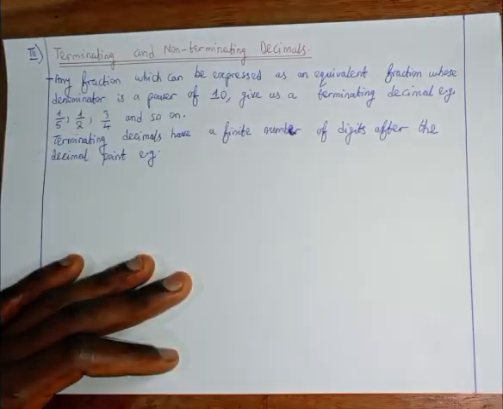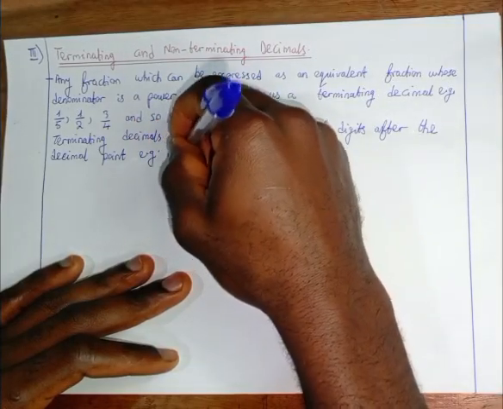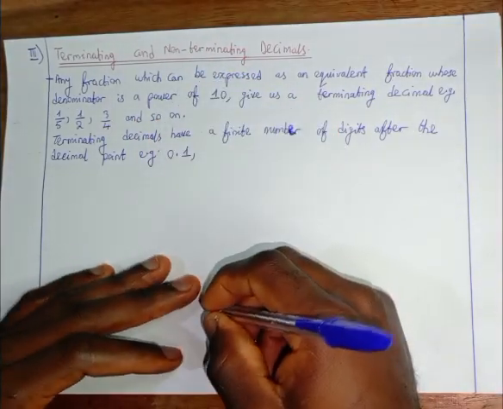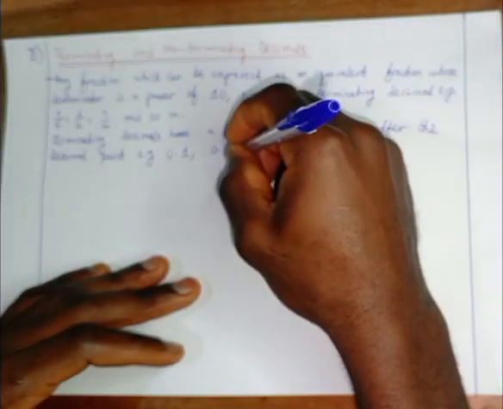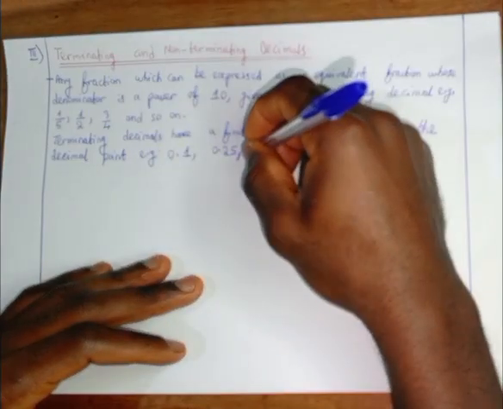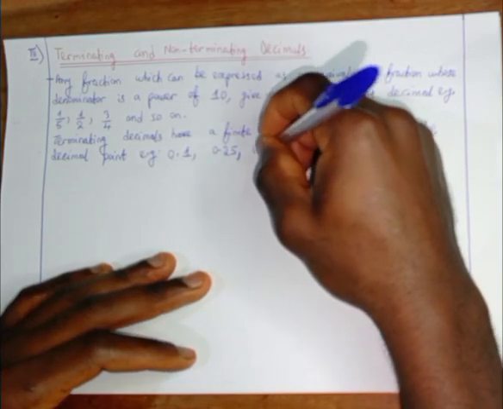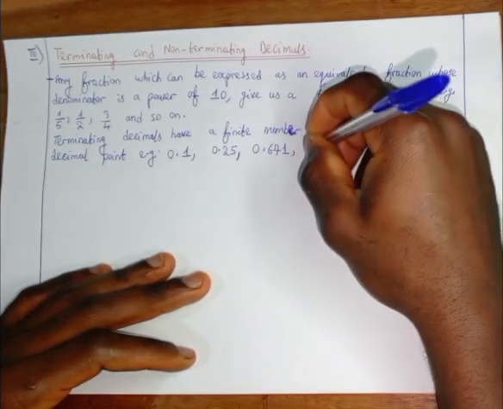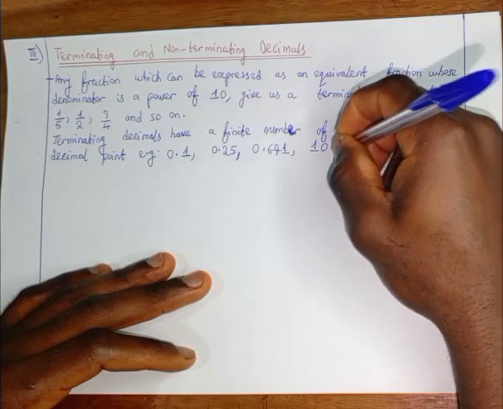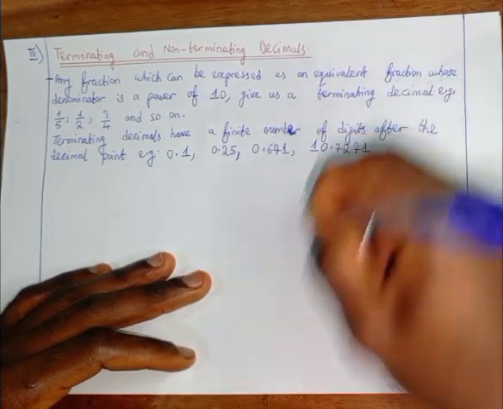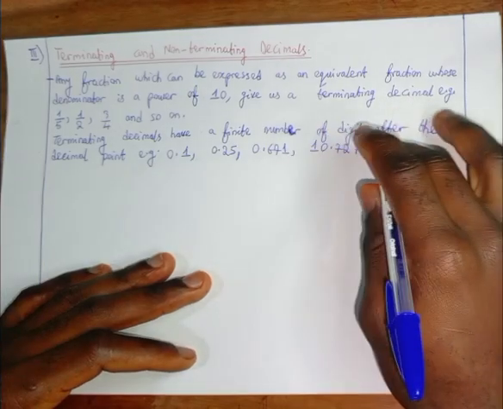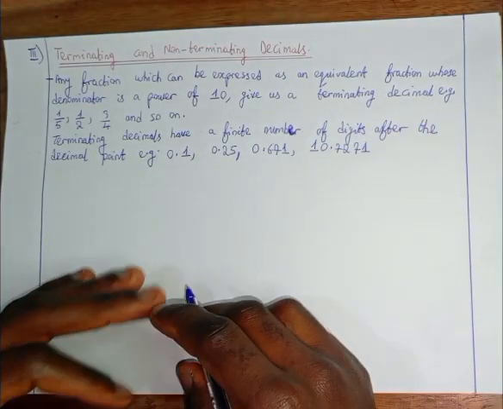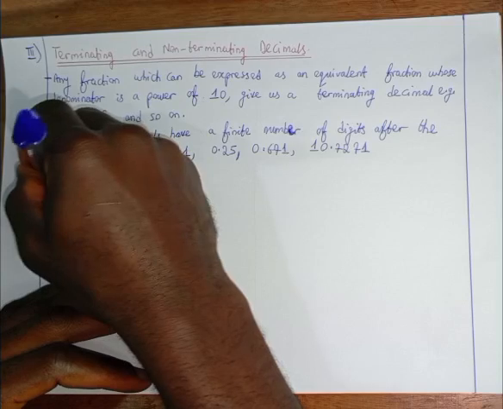E.g., these are examples of terminating decimals. 0.1 is a terminating decimal. 0.25 is a terminating decimal. 0.671 is a terminating decimal. 10.7271 is a terminating decimal. It has a finite number of digits after the decimal point. Now we'll take the next hyphen.